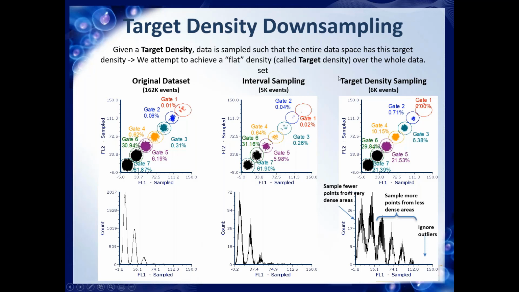If you perform the density-dependent downsampling, this is what SPADE is doing. You see the distribution here at the bottom right. It's completely different from what you see on the left. This is called target density because what you want to achieve is a kind of flat distribution. And you see indeed that those peaks are much more homogeneous in terms of frequency, right?